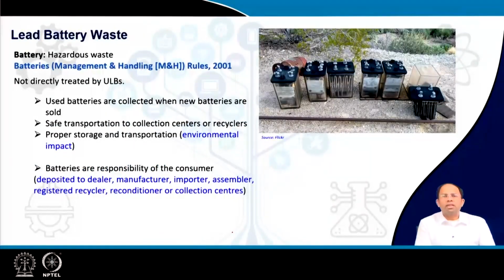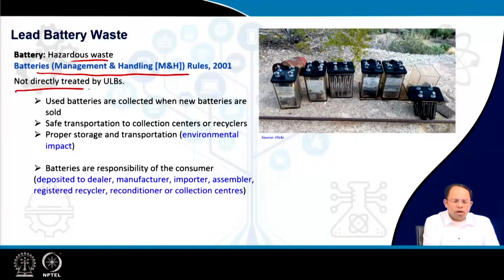The final kind of special waste that we will discuss is lead battery waste. Usually this battery is a hazardous waste, and we have to deal with it following the Batteries Management and Handling Rules of 2001. And this is again not directly undertaken by the ULBs. Processing of this kind of waste is not directly done by the ULBs.